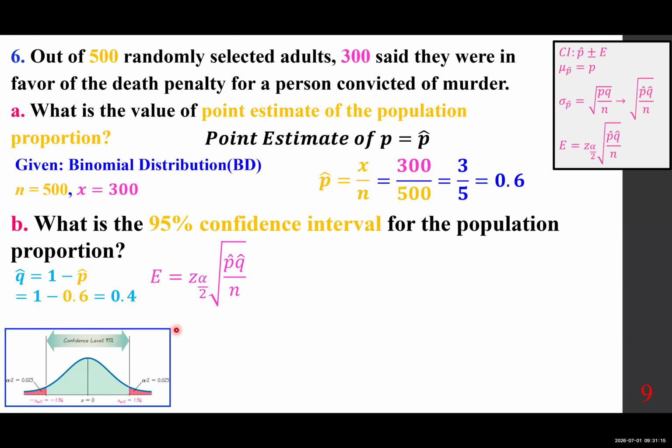The middle portion is 95%. The tails are a total of 5%, 2.5% on each side. It's a common value for the 95% confidence interval, just 1.96 is used here. So we use 1.96, do the math, and we end up with 0.0429.